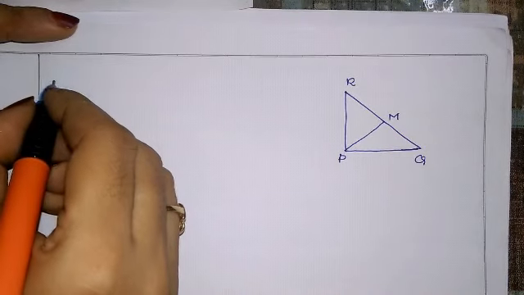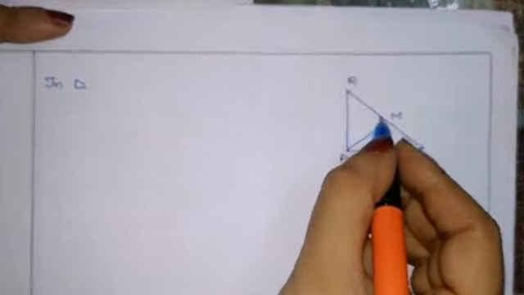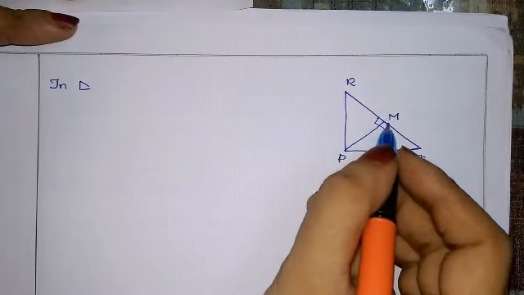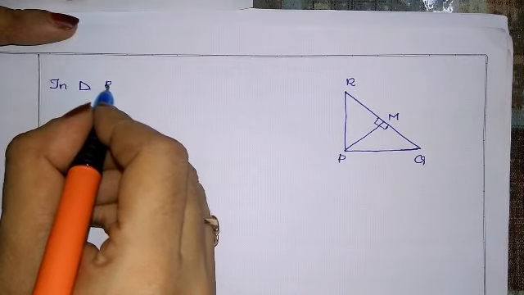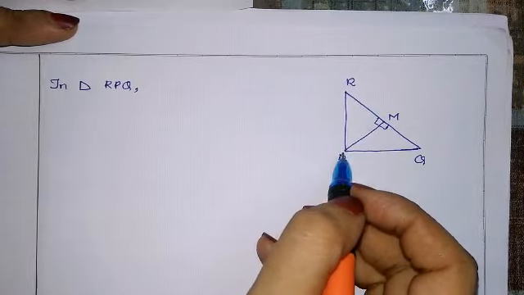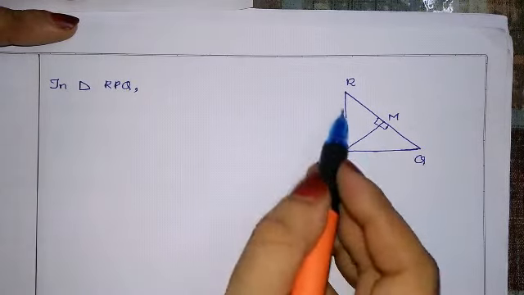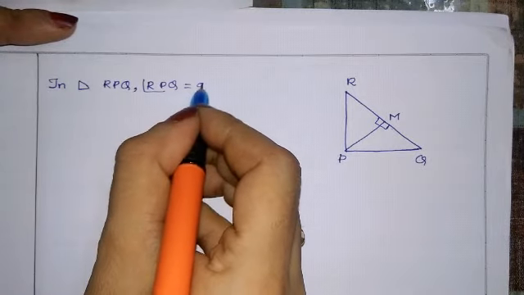In triangle, we can see it is perpendicular, right? So in triangle RPQ, here angle RPQ is 90 degrees.